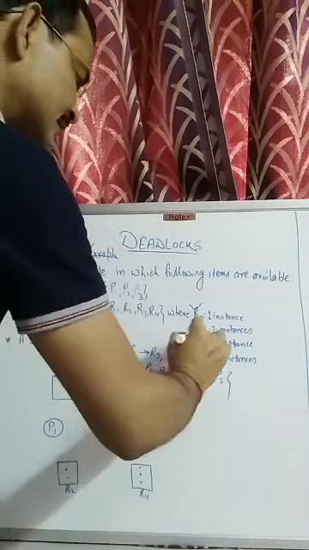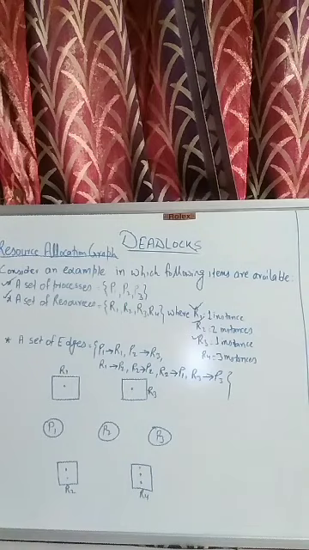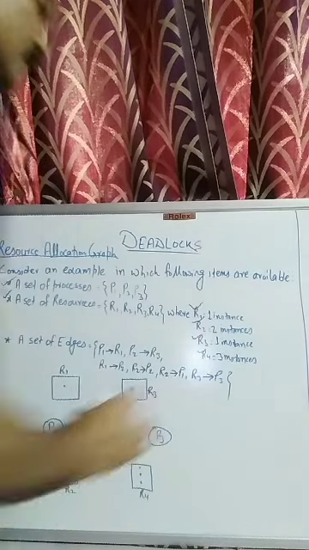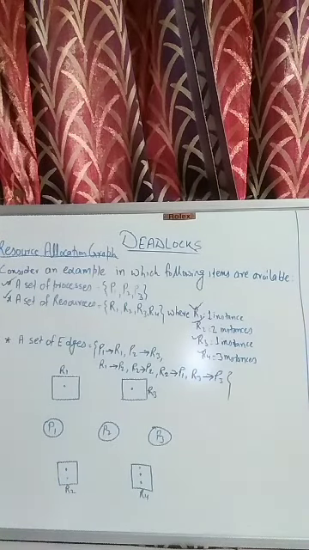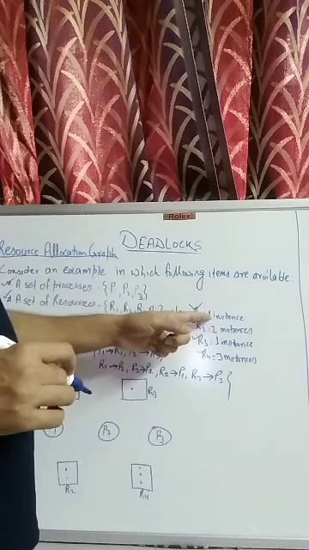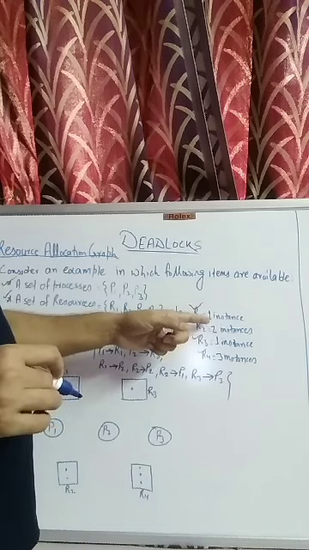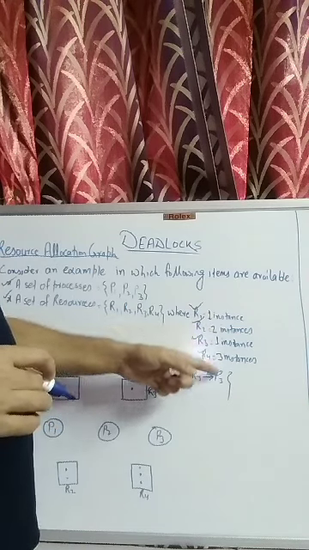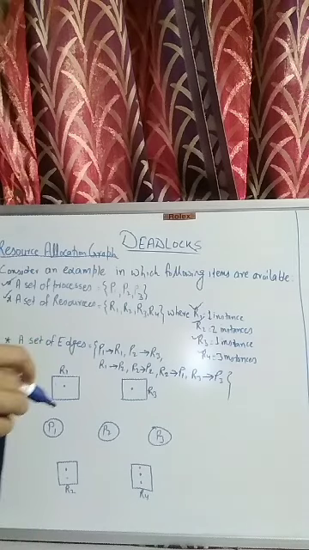For resource R3 one instance is available, and for resource R4 3 instances are available. So for 4 different types of resources, the number of instances available are 1, 2, 1, 3 respectively.